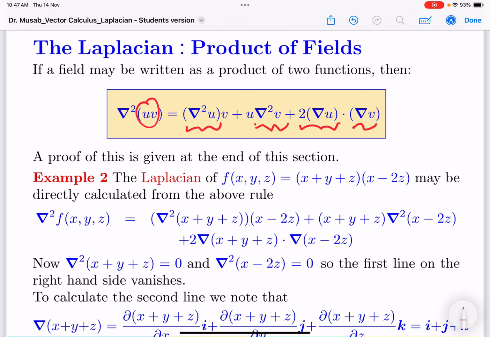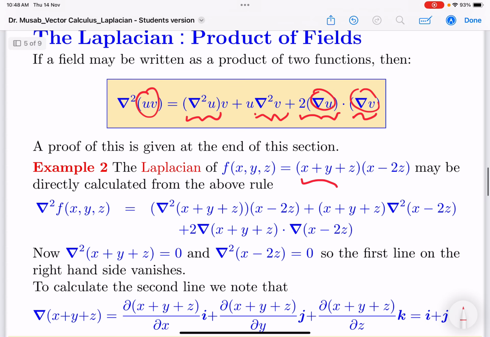Sorry, divergence. This one should be divergence, because you don't do it twice, I mean, only the first one. Okay, for example, we have a composite of u and v.